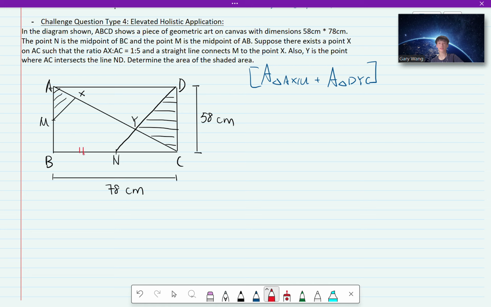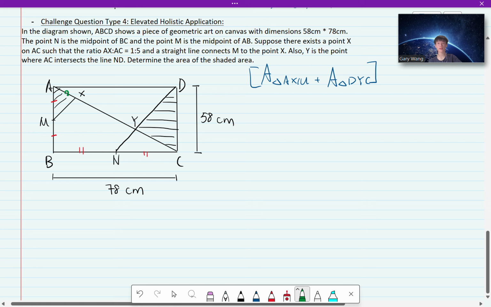So N is the midpoint of BC, and M is the midpoint of AB. And we can actually calculate the distances of BN, NC, AM, and MB respectively, because we know the length and width of the rectangle. And we also know that AX to AC is 1 over 5.